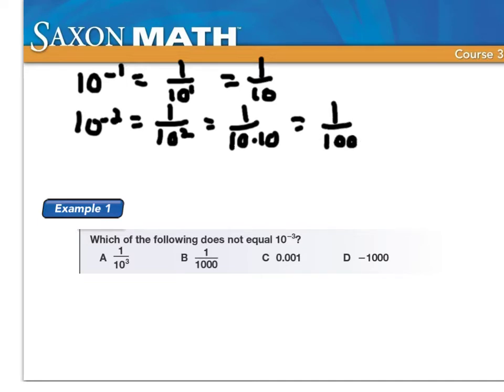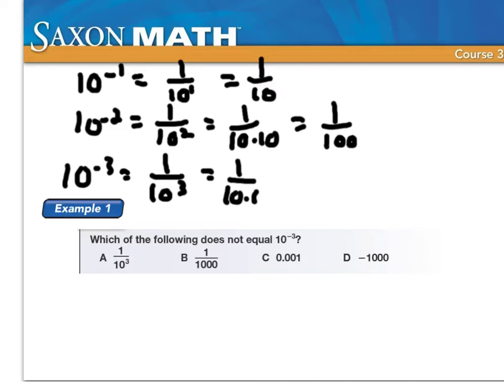Okay, so then 10 to the negative third power would be the same as 1 over 10 to the third. Well, that's the same as 1 over 10 times 10 times 10, which is 1 over 1,000.